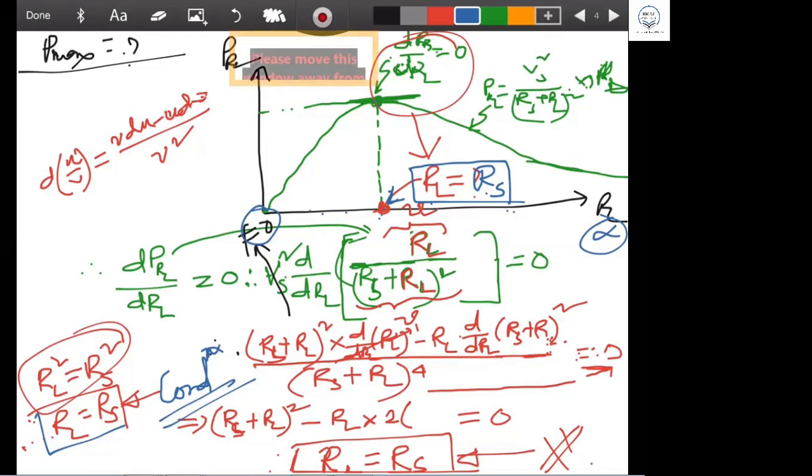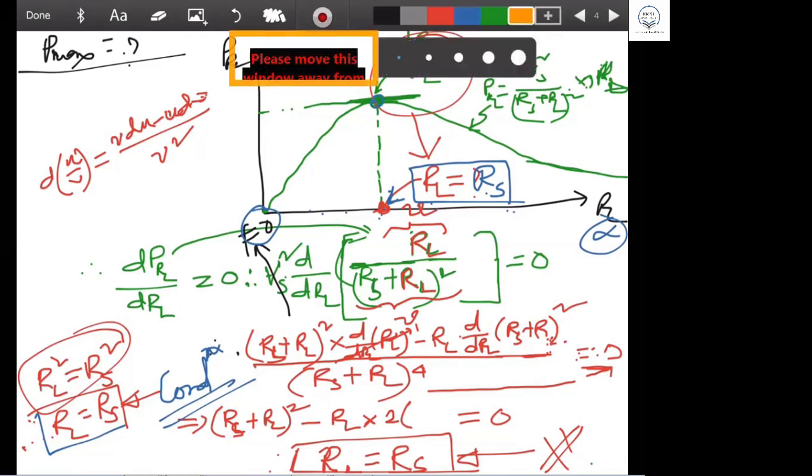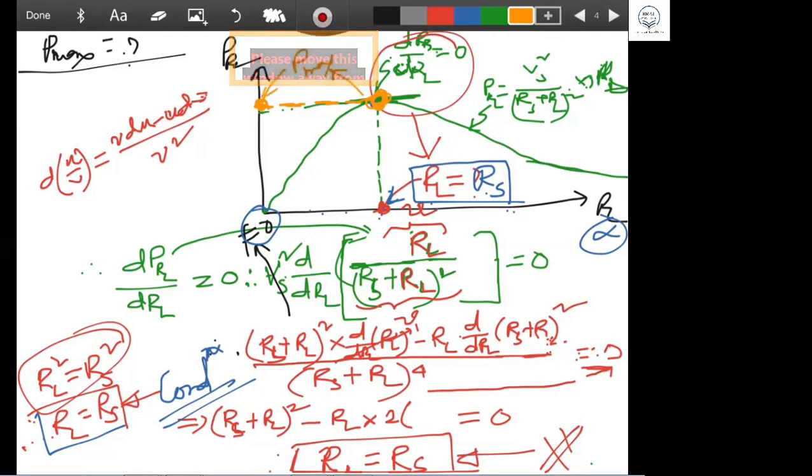Look at the graph. The maximum power will be here. This is the point for the maximum power. If you go with the orange color here, this is the maximum power. This is your P max.